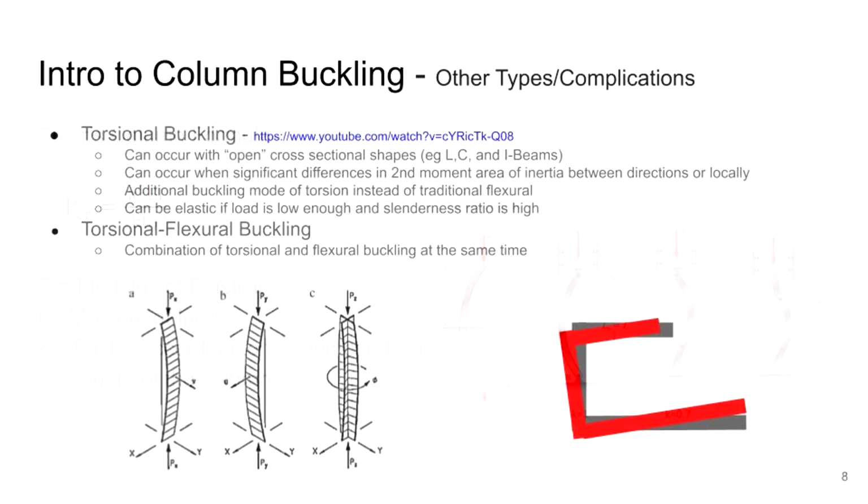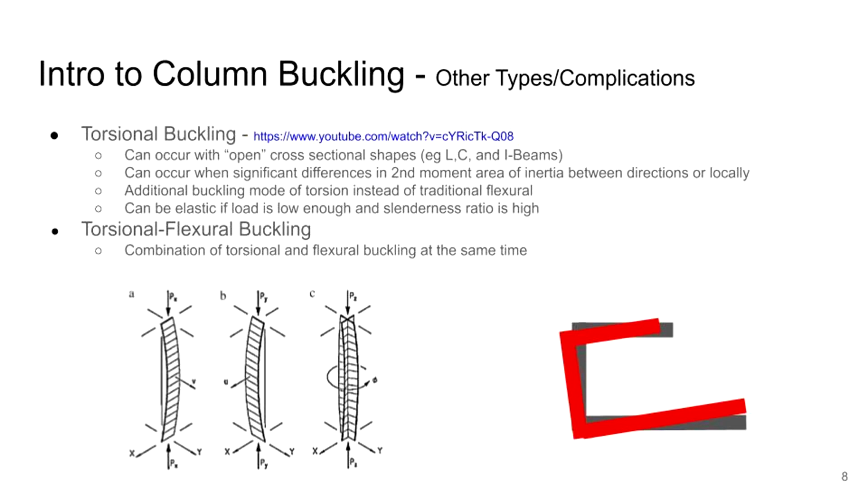So to continue our introduction to column buckling, we're going to go over a couple of other types of buckling, as well as some complications that can make calculations of buckling a little more difficult, but make them more realistic. One of the other types of column buckling that is generally overlooked when we do our traditional buckling calculations is torsional buckling. And there's a good YouTube video linked.